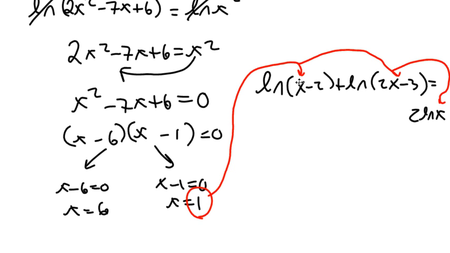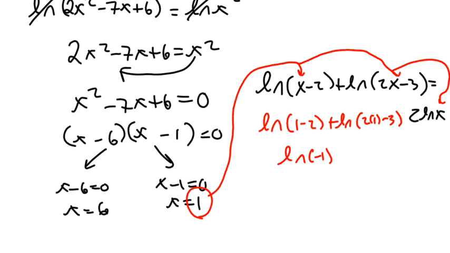If I plug in 1, ln of 1 minus 2 plus ln of 2 times 1 minus 3. Isn't this the ln of negative 1 plus the ln of 2 minus 3, which is negative 1? If you try to put the natural log of negative 1 in your calculator, you will get an error message. It's not possible.